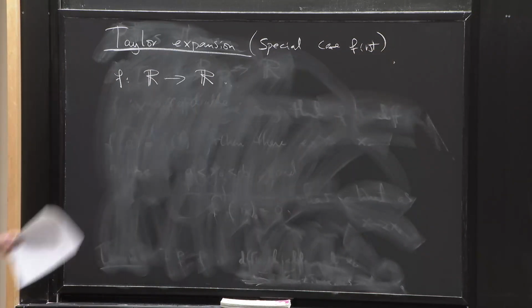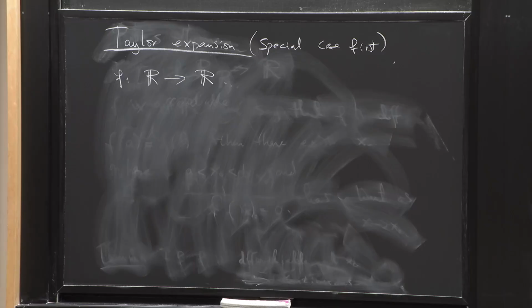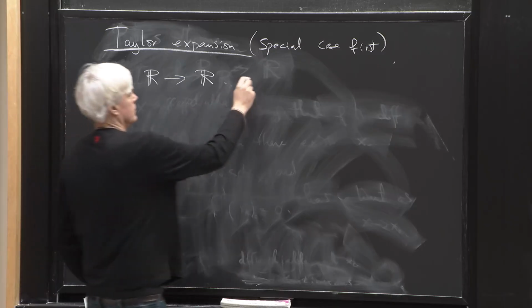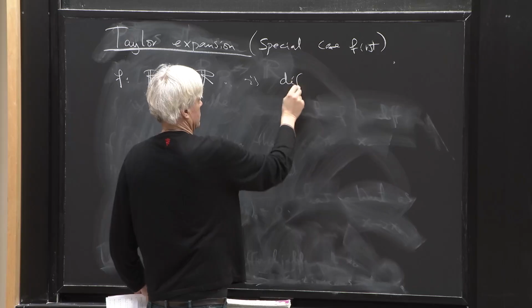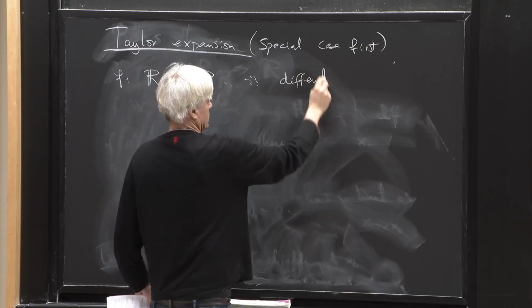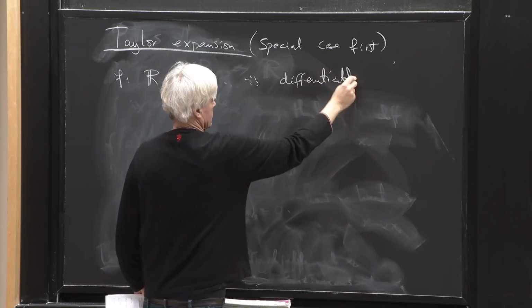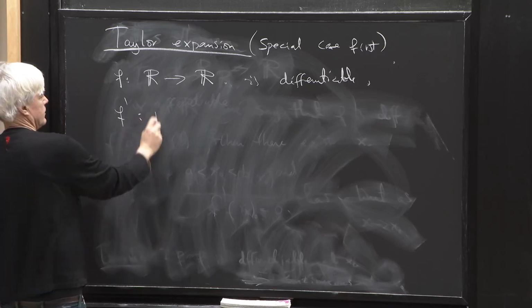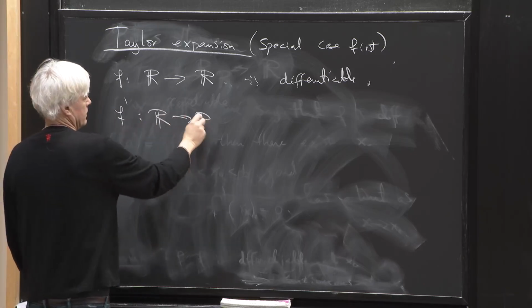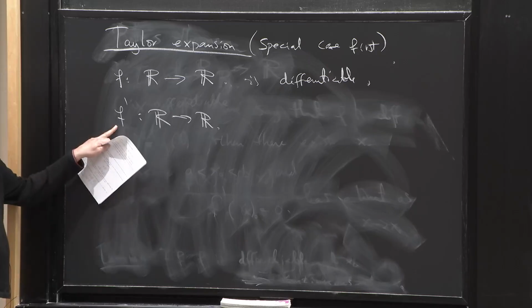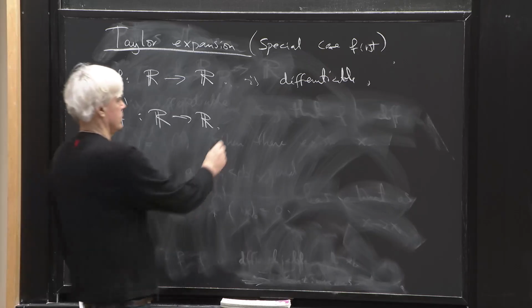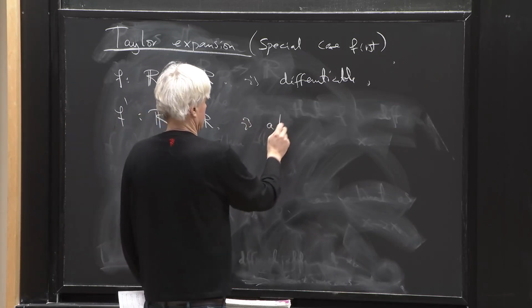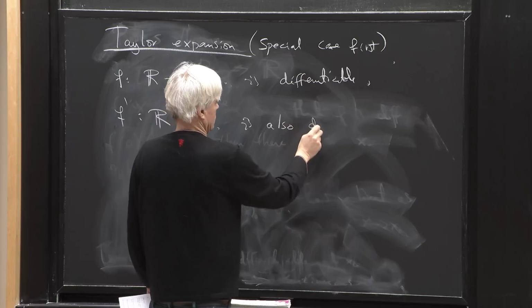So I assume I have a function like this, and that is differentiable. And then I'm assuming that the derivative, which is now a function from R into R, is also differentiable.